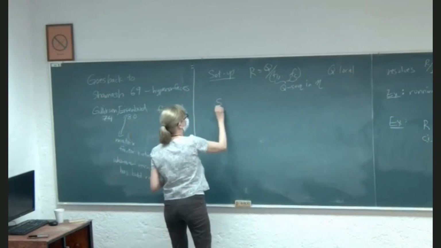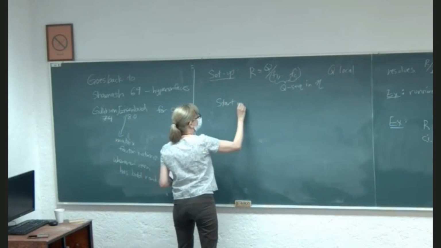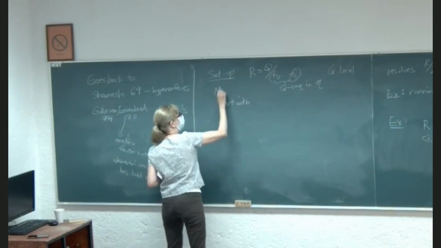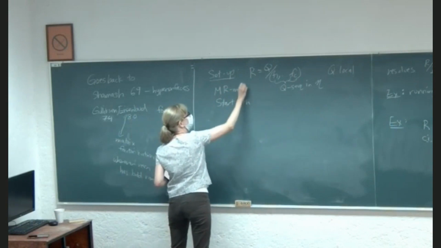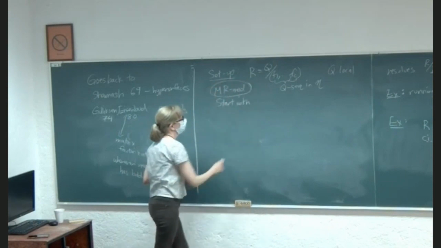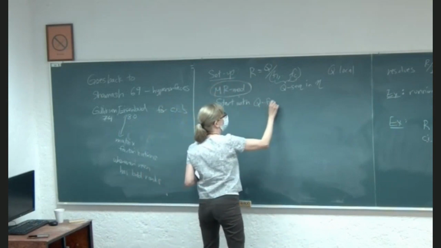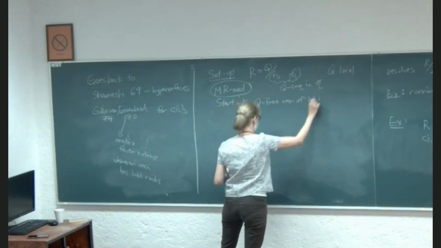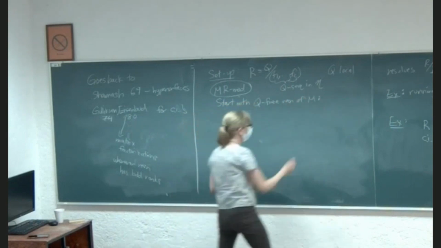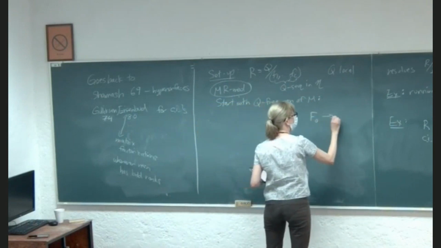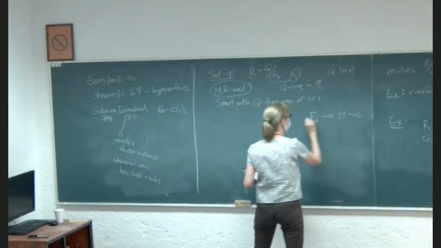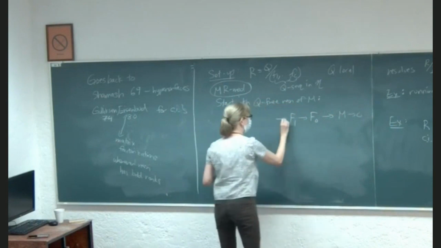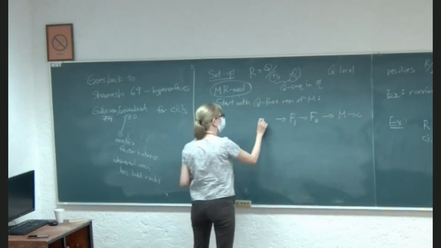Okay, so start with, sorry, M is an R module. Sorry, I forgot to say that. M is an R module. To start with, a Q-free resolution of M. So it's F0 goes to M, F1, and so on.